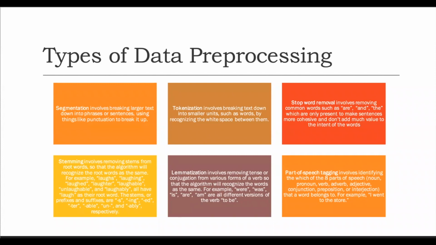See. Well, you got tokenization. All right, breaking down into smaller units, such as words. So if you had paragraphs or strings of sentences being written down. Stop words. I always find that one really interesting because there are so many meaningless words in the English language. We have a lot of filler. Yeah.